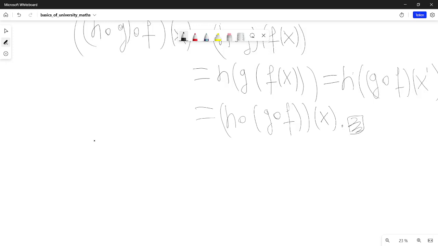Sadly, that's not the case in general. And for that, well, let's consider, I don't know, the question: is composition perhaps commutative? And of course, composition of maps we mean here.